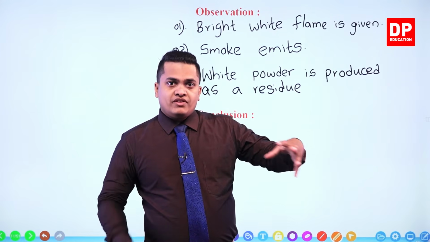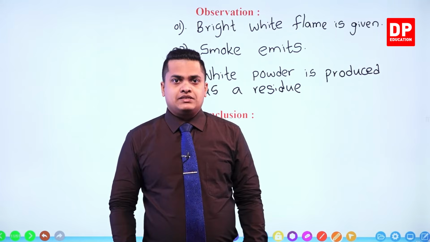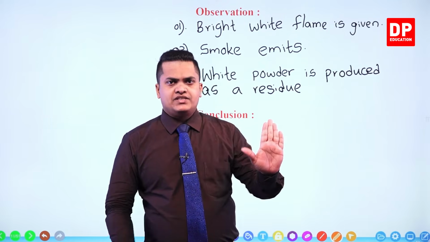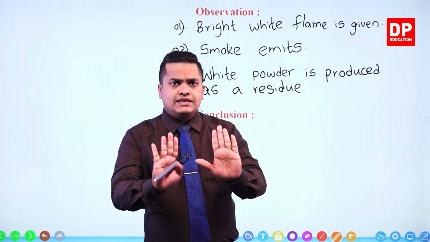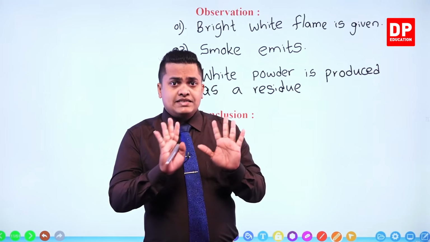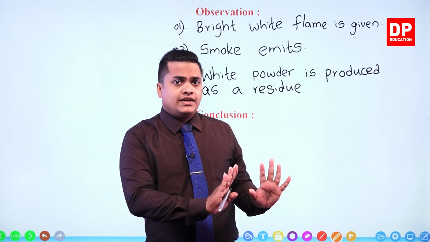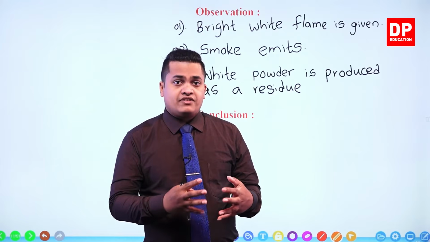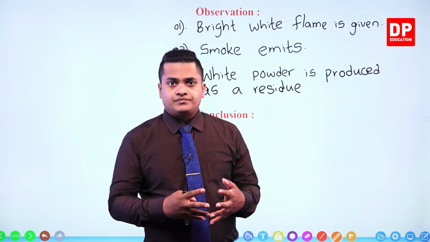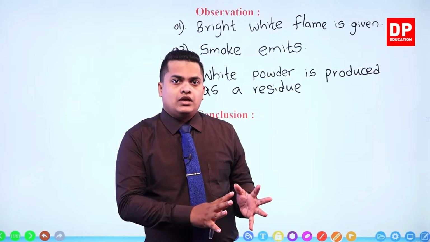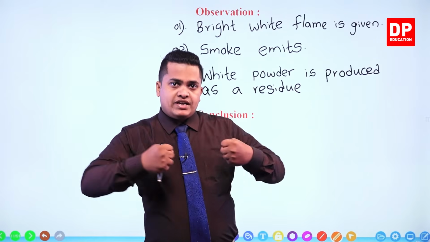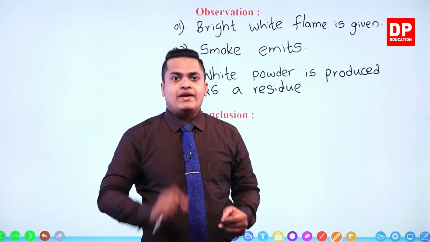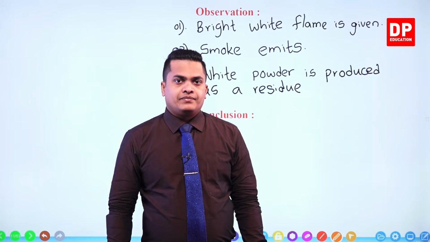Magnesium is going to join with oxygen to produce a new substance, the magnesium oxide. Earlier it was just magnesium. There were only magnesium atoms, or magnesium material, contained within the piece of magnesium. After I burn it, magnesium is now bonding with oxygen to create a new substance called magnesium oxide.